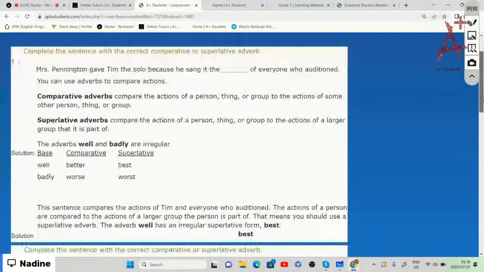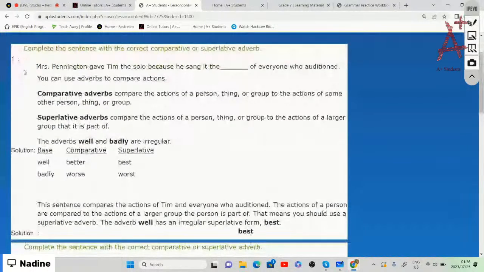All right, so now look at this sentence. It says Mrs. Pennington gave Tim the solo because he sang it the, we need to choose one of these words, of everyone who auditioned. So he is now not just being compared to one person, he is being compared to everyone that auditioned, which means that it is going to be superlative.